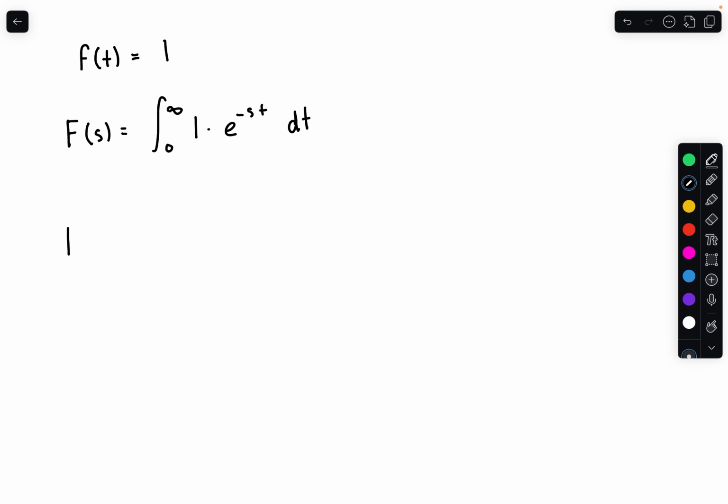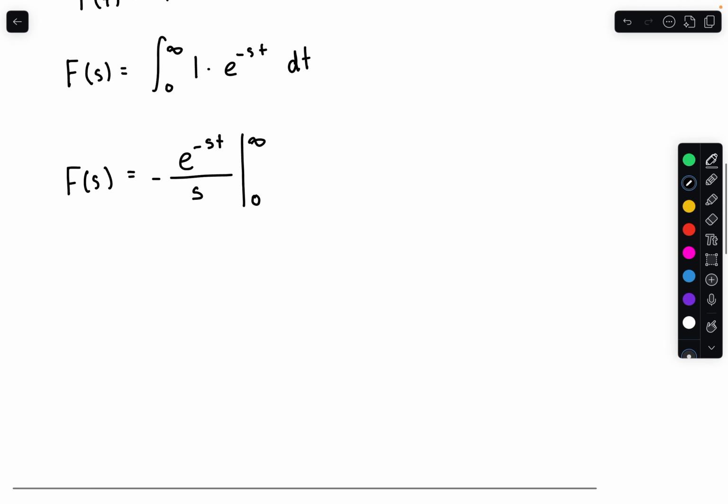So what this gives us is that f of s is equal to e to the negative st, because the derivative of e to the anything is the same, divided by negative s. And this is all within our bounds of 0 to infinity.